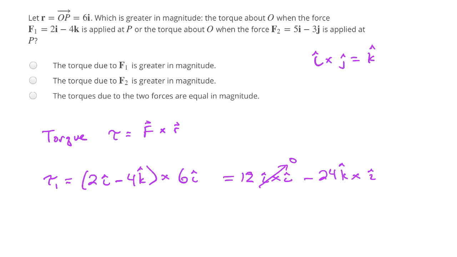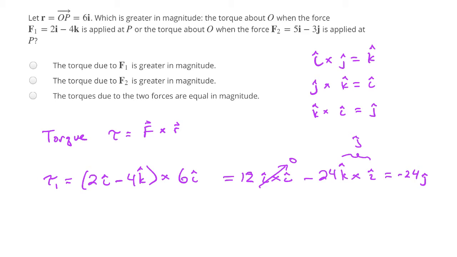Then we permute cyclically, so everybody shifts over to the left, and we have j cross k, giving us i. One more cyclic move, and we have k cross i, giving us j. So we end up with just a value of negative 24 times j.